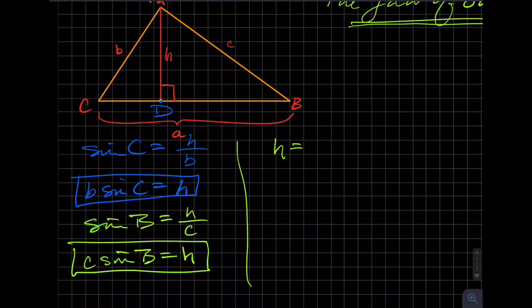Now we know that H must equal H, because it's the same side, so it has to be equal to itself.